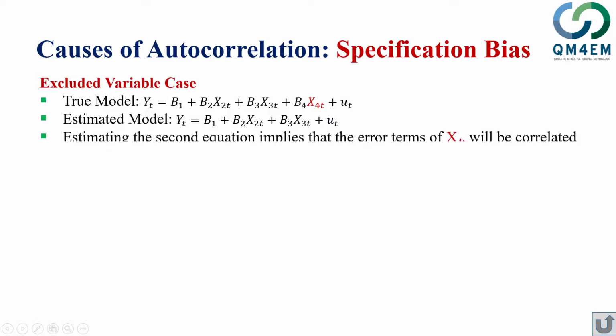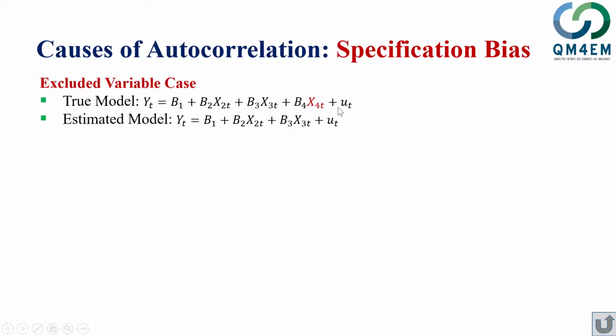So what will happen? The excluded variable x4 will be linked with the error term in the second model. Why does this happen? This is important to conceptualize.